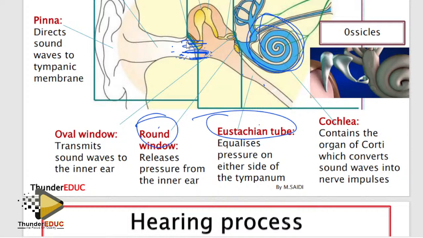They brought this question, I think this year, and students were off. They asked how the eustachian tube equalizes pressure on either side of the tympanic membrane. Many students knew that it equalizes pressure, but how does it do it? By allowing air in and out of the middle ear through the tympanum. Simple.